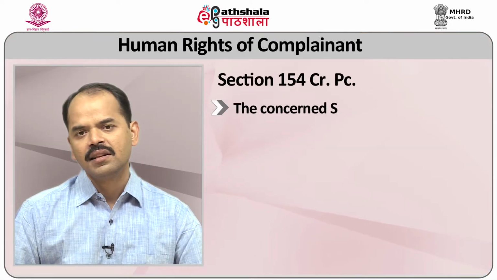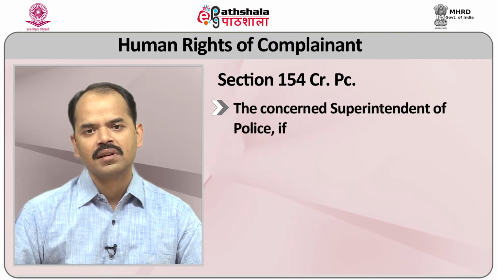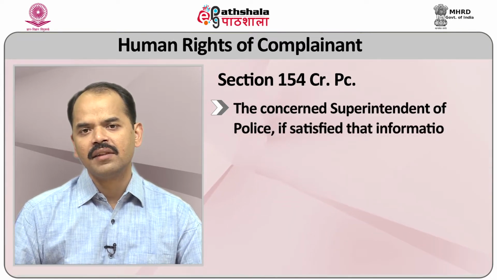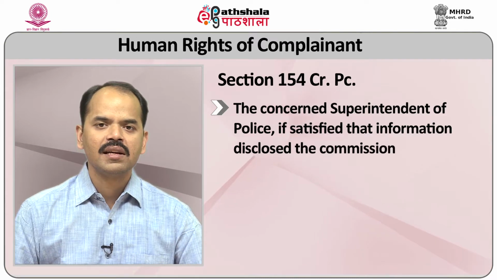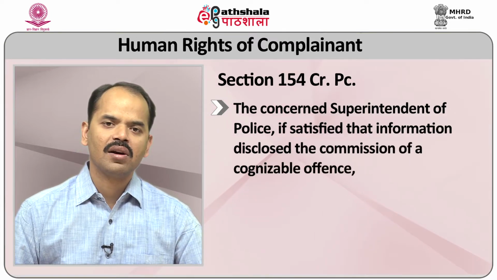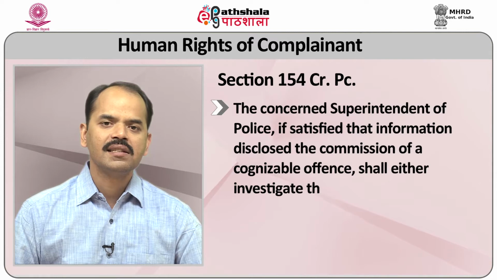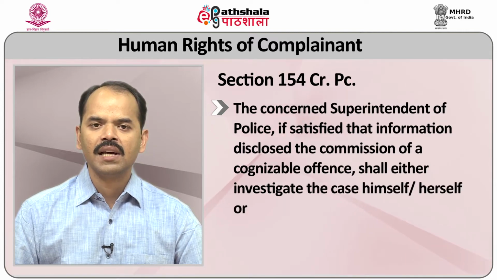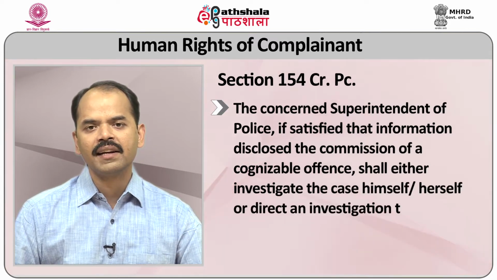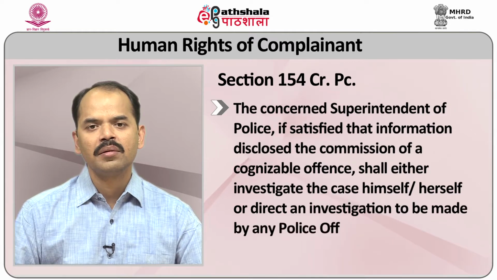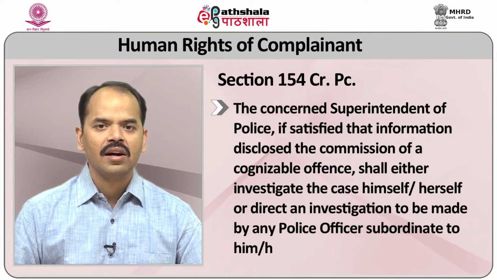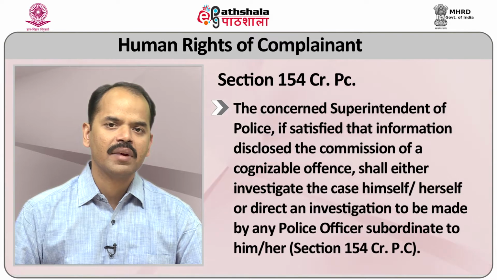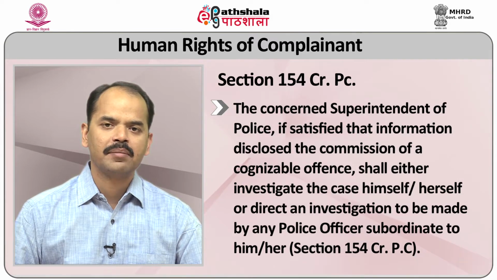Then next, the concerned superintendent of police, if satisfied that the information discloses the commission of a cognizable offence, shall either investigate the case himself or herself or direct an investigation to be made by a police officer subordinate to him, under Section 154 of CRPC.